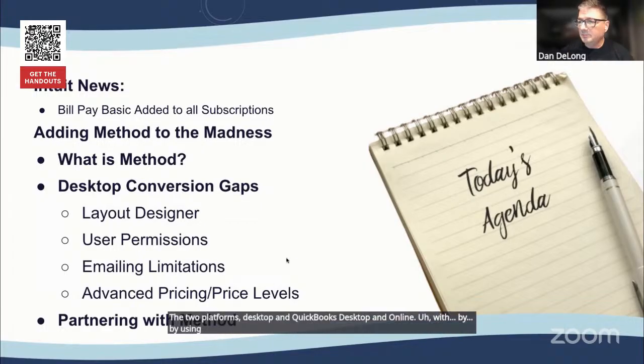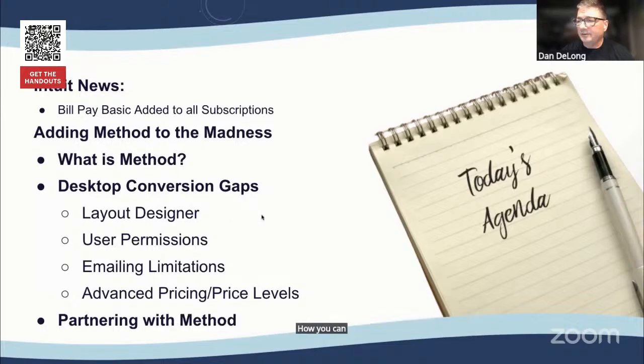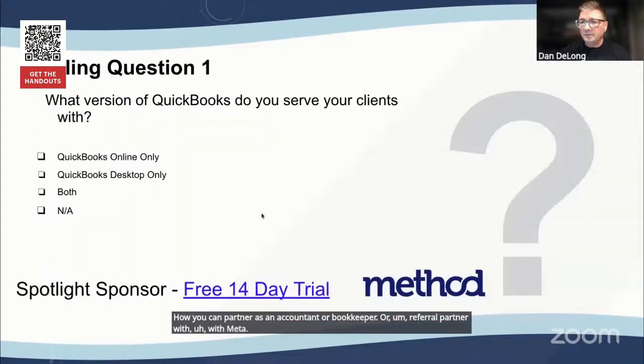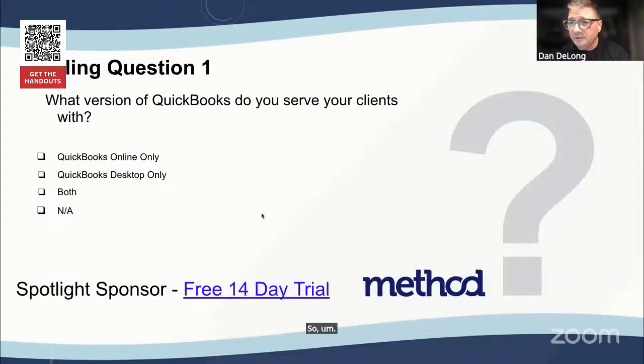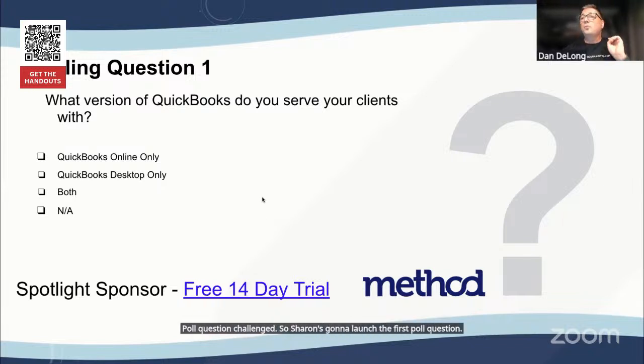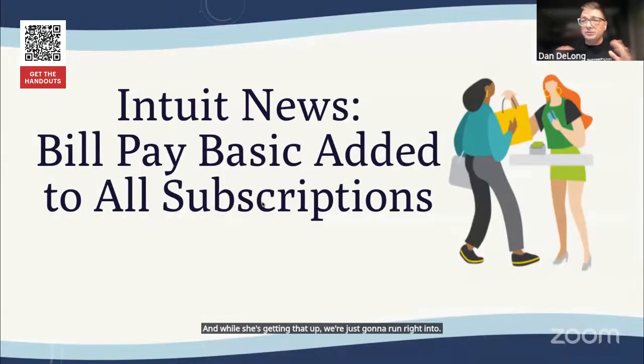And then we'll talk a little bit about how you can partner as an accountant or bookkeeper or referral partner with Method. So I'm tossing this over to Sharon because I always seem to be poll question challenged. So Sharon's going to launch the first poll question. And while she's getting that up, we're just going to run right into the Intuit news portions, because we want to make sure that we have enough time in our hour today.